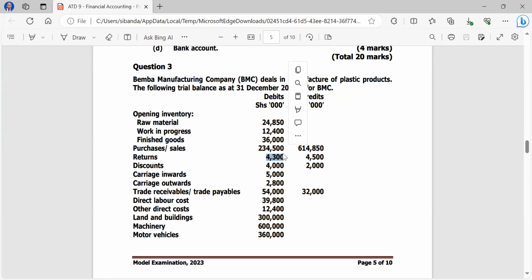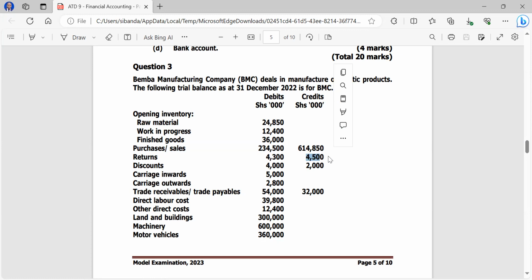Our customers took goods and either they are faulty and they have returned them. Now, this 4,500 is representing returns outwards. And it's in respect to the purchases. Even us as a business, we purchase items, but these items may either be faulty or they over-delivered and we have to return. So that is what we call the returns outwards, okay?